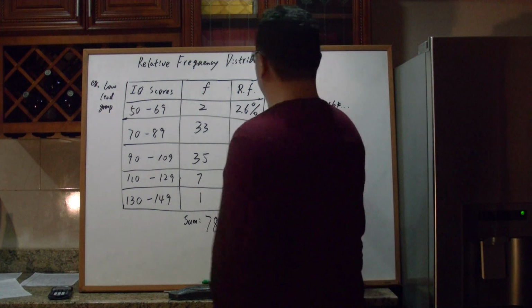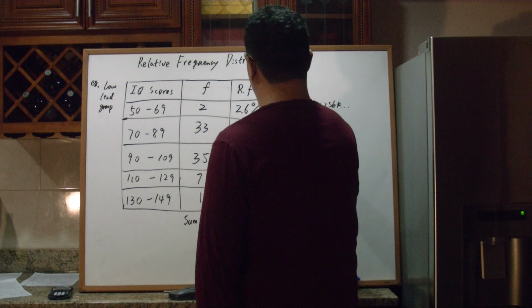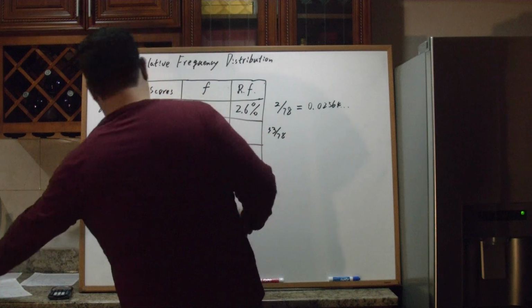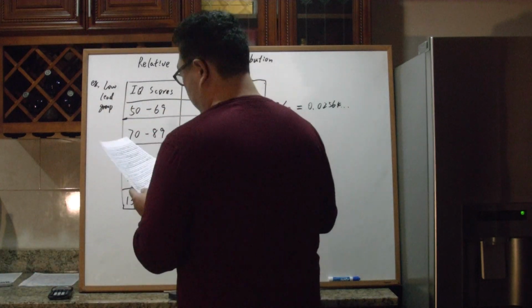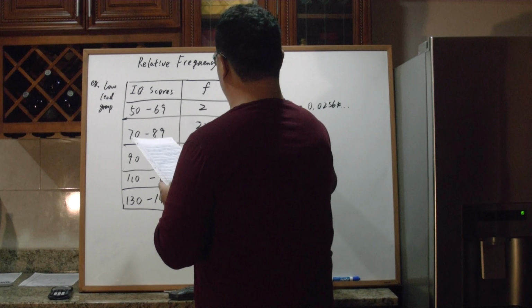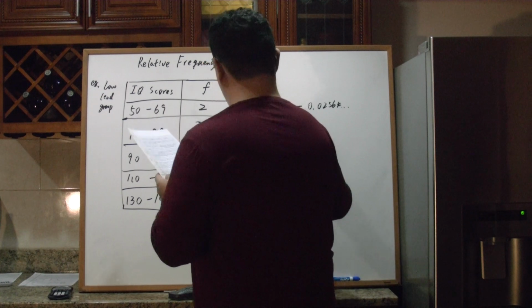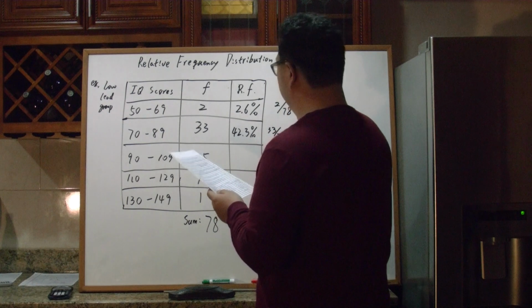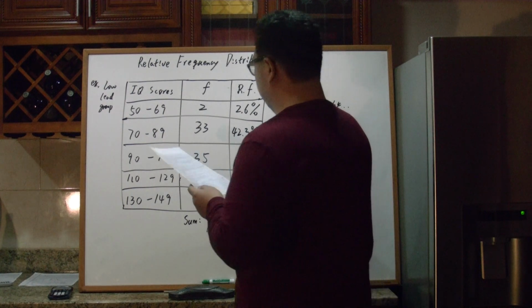Then the next one is 33 over 78. Convert to decimal and then to percent, that's 22.3%. Similarly, divide 35 by 78.